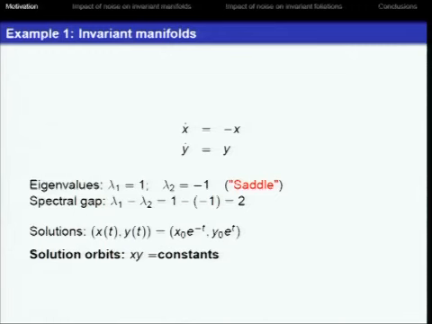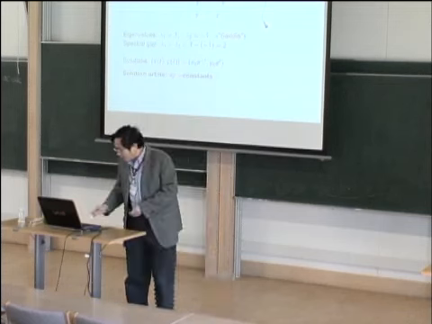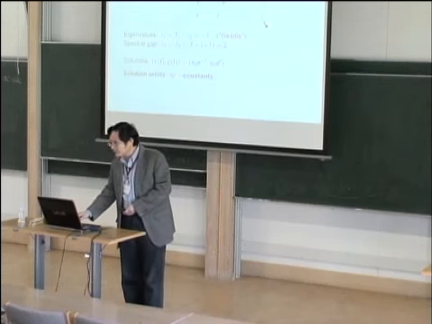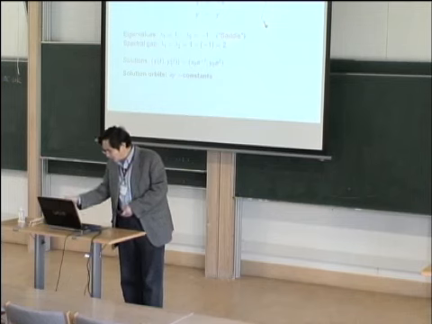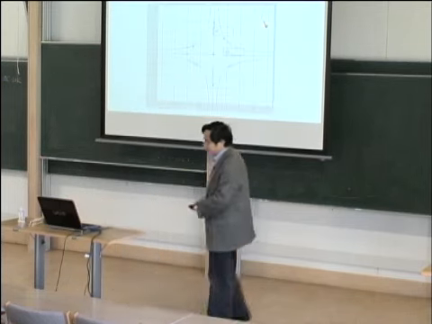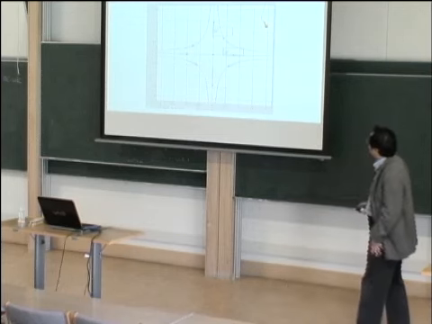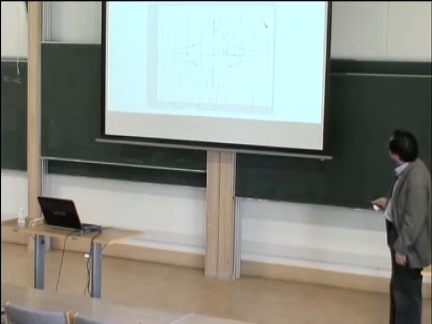Now we can easily write down the solutions. You have two solutions here, and if you multiply x and y, you get a constant. That means our solution paths are hyperbolas. If you take the constant to be 0, you have x equals 0 or y equals 0. So this is the picture you know, from a MATLAB simulation here.